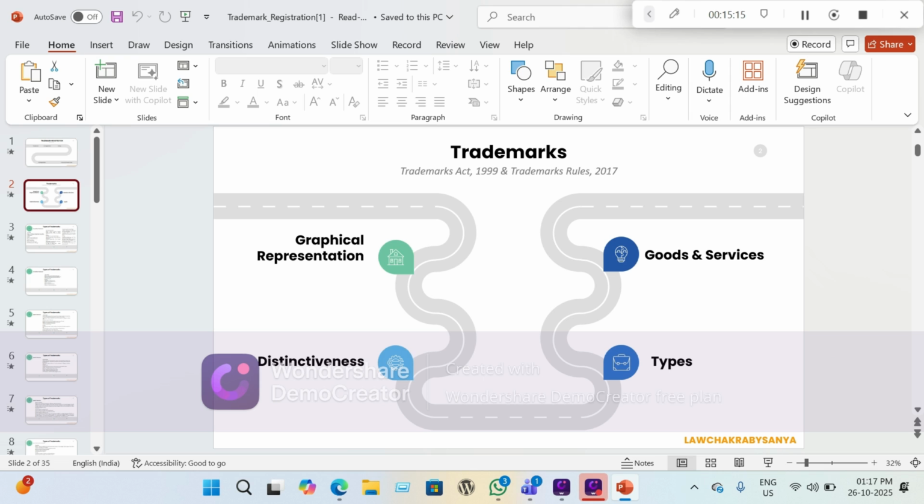It is significant because it reminds everybody who sees that word, that combination, that logo, anything it can be, of the goods or the services being provided by that particular owner, proprietor, or creator, somebody who's coined that particular name.